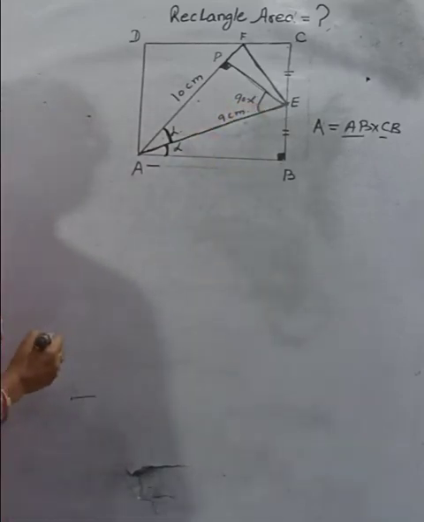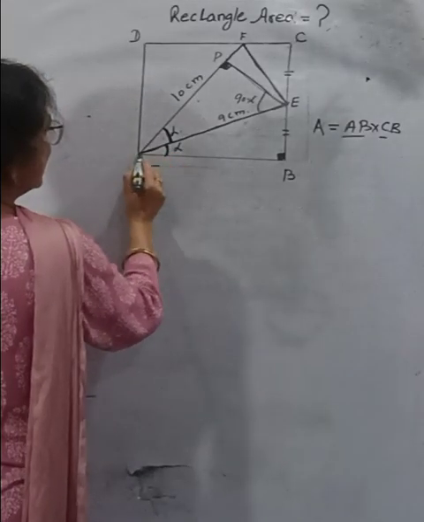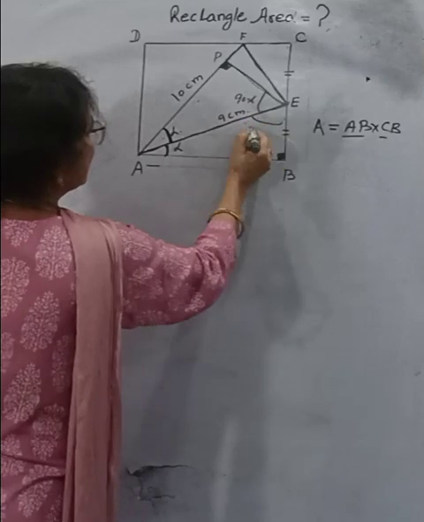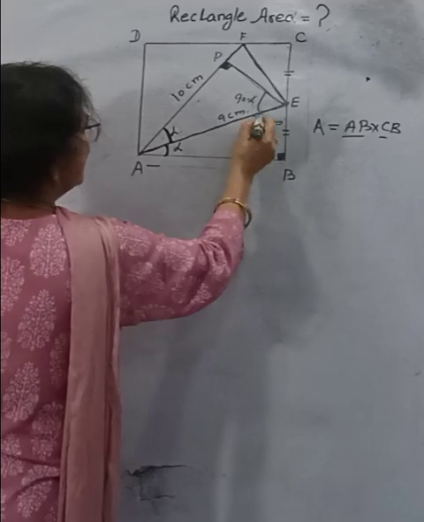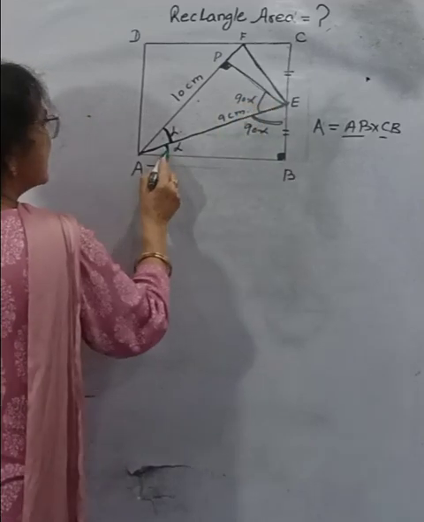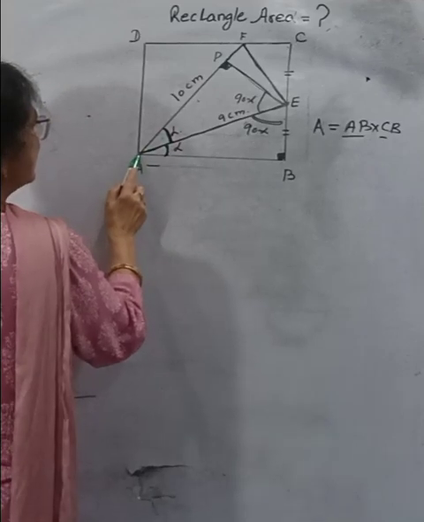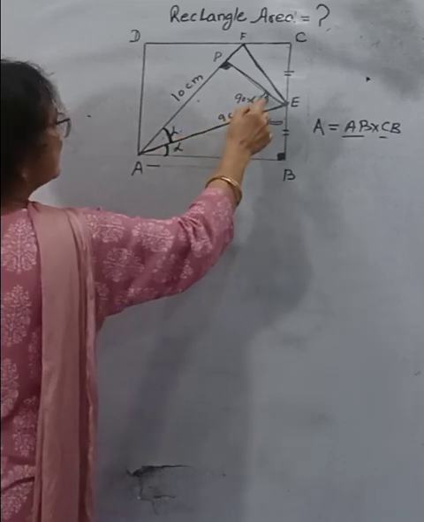In triangle ABE, this is 90, this is alpha, so this will also be 90 minus alpha. Similarly in triangle AEP, this is 90, this is alpha, this is 90 minus alpha.